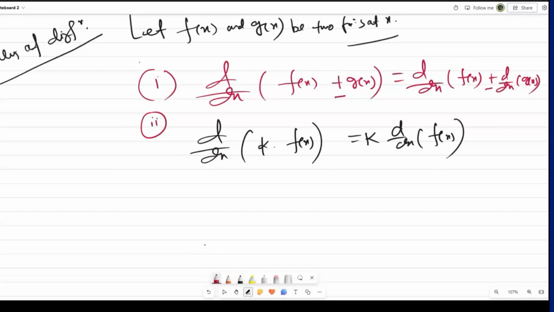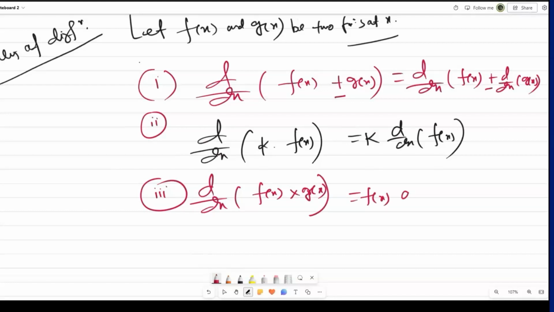There may be a product of two functions, f(x) into g(x). There it will be f(x) into derivative of g(x) plus g(x) into derivative of f(x). All right?